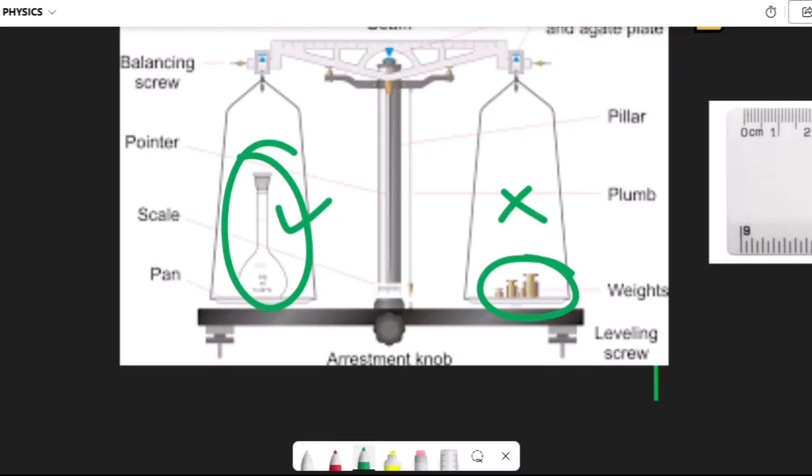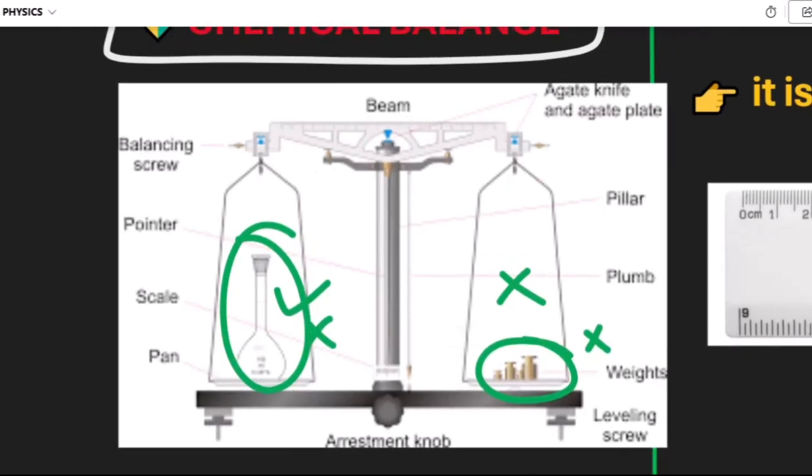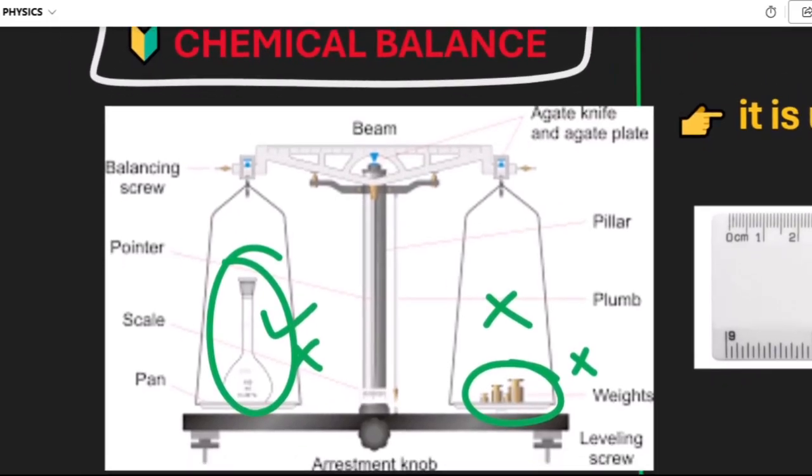When we see that there's an equilibrium between the mass here and the chemical here, the exact place they are in equilibrium is what we measure at the side. Have it in mind that the chemical beam balance is more accurate than the ordinary beam balance, because it is more graduated and more efficient.